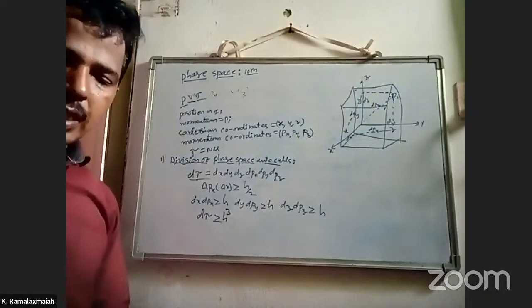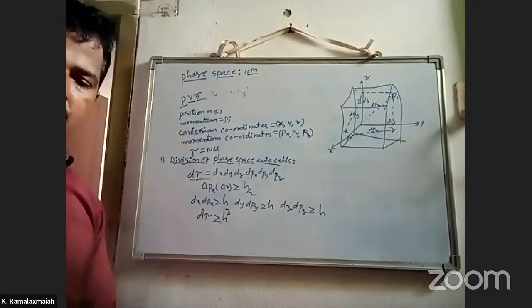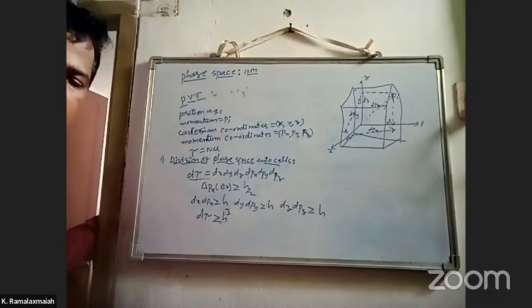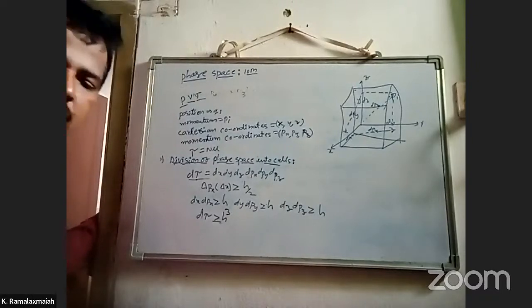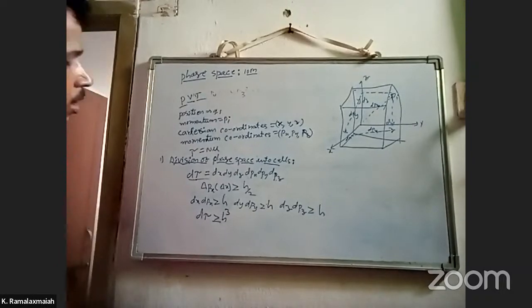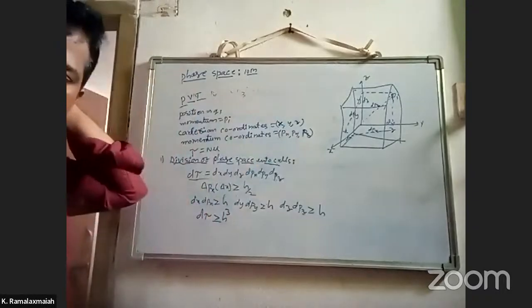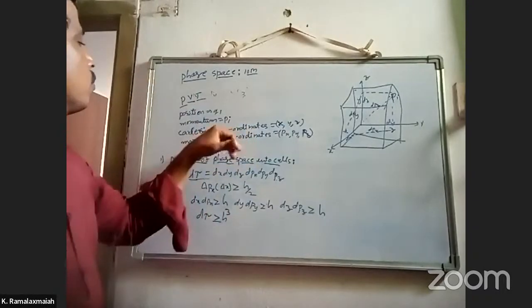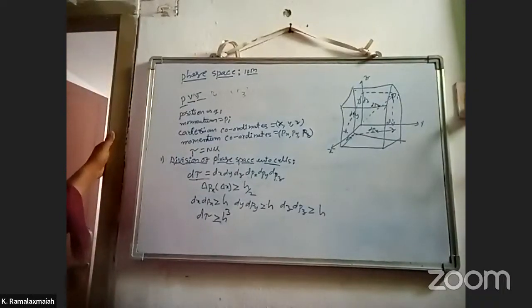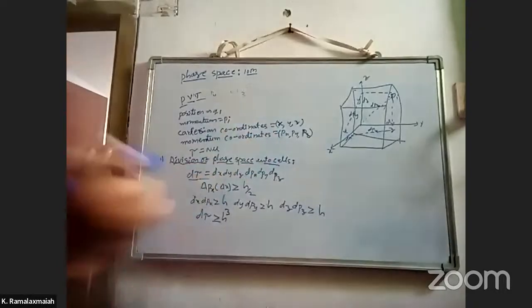For an assembly of N particles, there are 3N position coordinates and 3N momentum coordinates: x, y, z are the positions, and px, py, pz are the momenta.